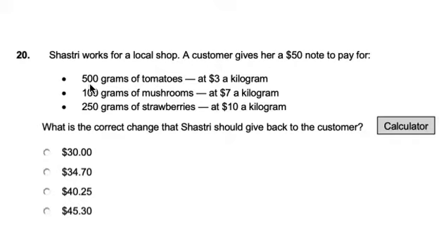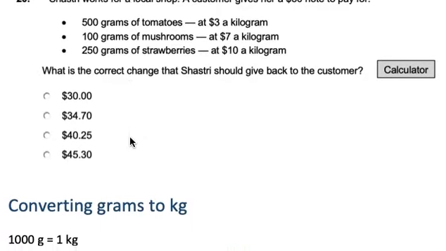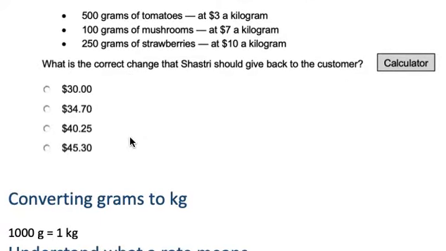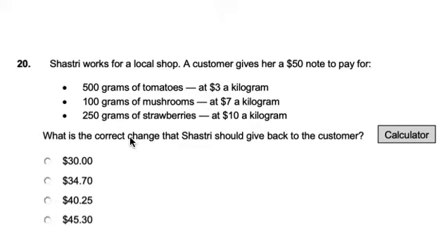I have 500 grams of tomatoes and I need to work out how much that costs. To do that, I'm going to change from 500 grams to kilograms. So remember, your conversion is 1000 grams equals 1 kilogram. I can explain this in a different video, but essentially what you need to do is divide the grams by 1000. So let's do that.